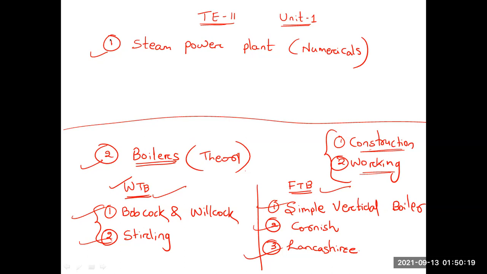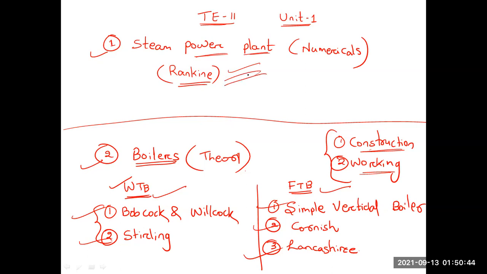Now we are going to discuss the steam power plant. Mostly the steam power plants are based upon the Rankine cycle. I will not go into the details of the steam power plant. I will tell you how to solve the problems related to this Rankine cycle by using the steam table.